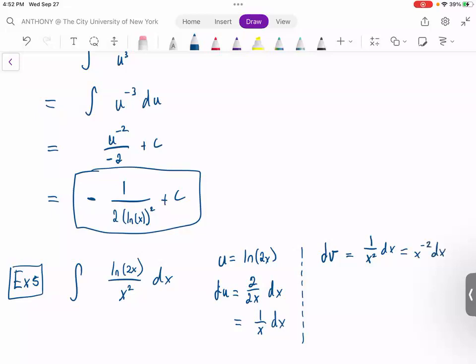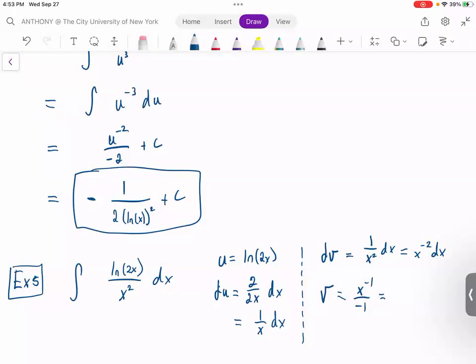All right, and then from here, you get your antiderivative. So what's the antiderivative of x to the negative 2? That's right, x to the negative 1 by the power rule divided by negative 1. So I'm going to clean that up for you. We know that any term divided by 1 is always going to be that term.